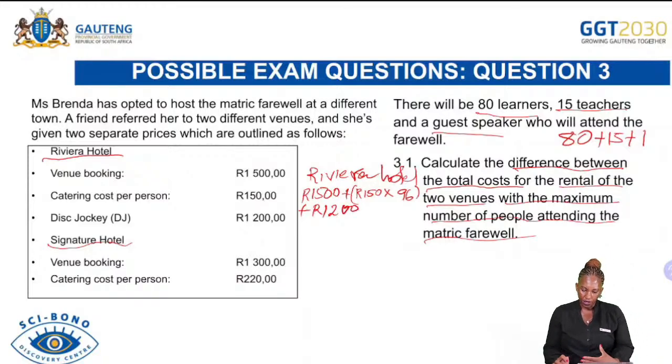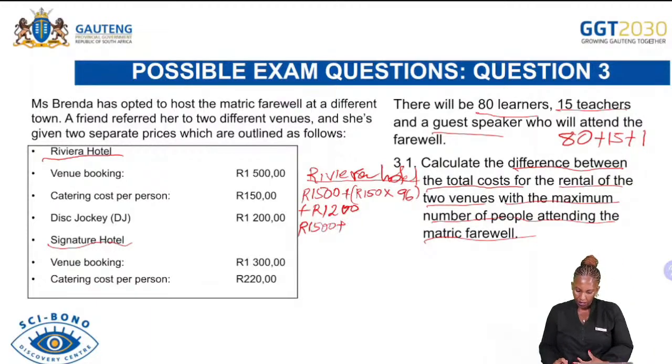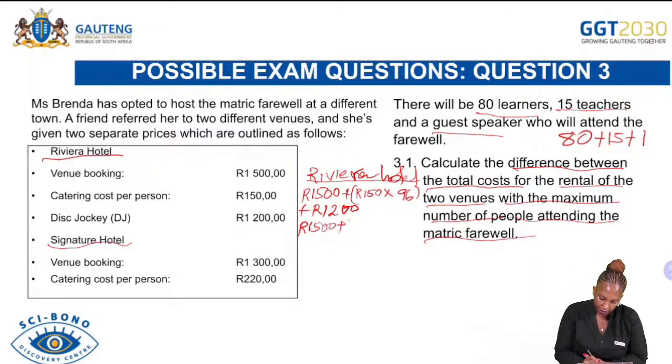So the total cost there, for Riviera Hotel, it will be that 1,500 plus 150 multiplied by 96. I get the amount to be 14,400.